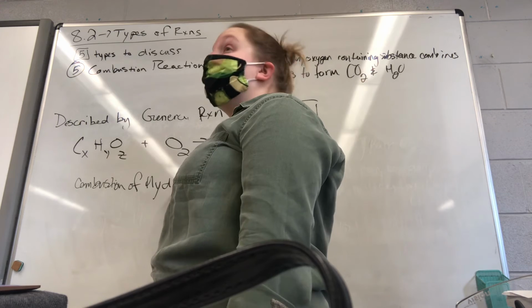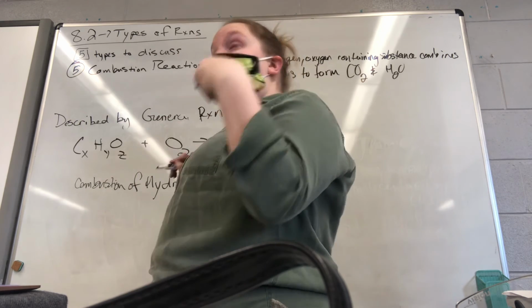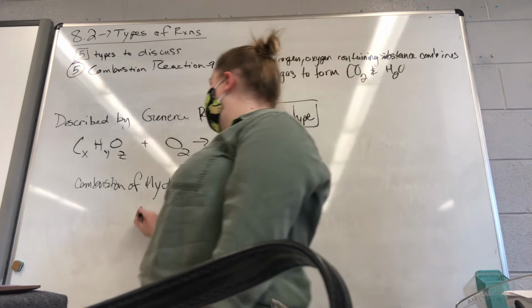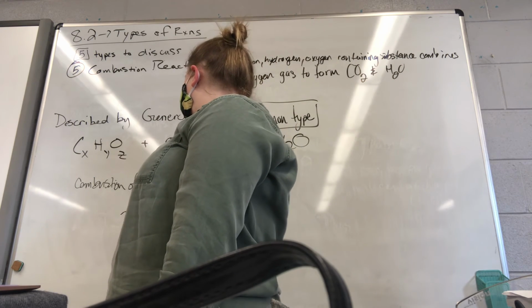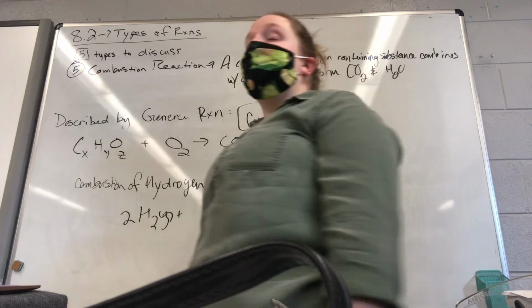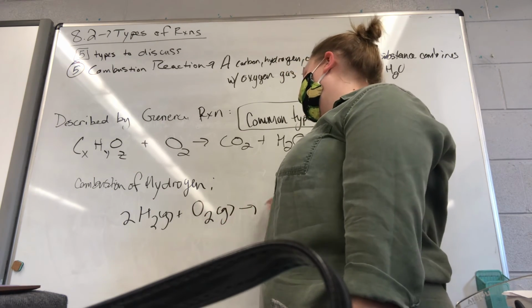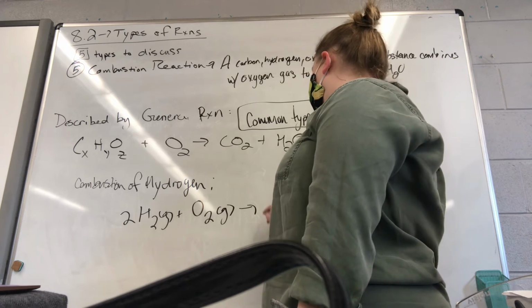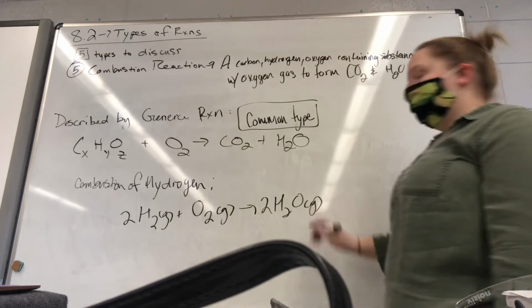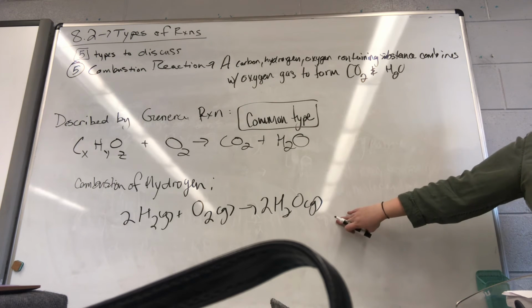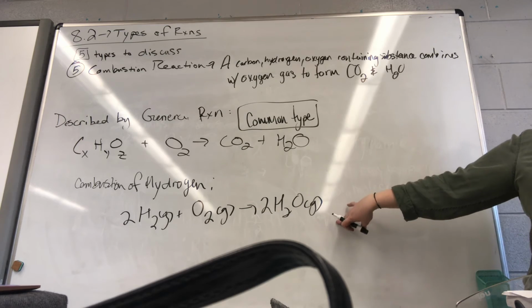This is our exception to this general form. The combustion of hydrogen takes hydrogen, adds it to oxygen gas, and forms water. So this is a special form of combustion. It's the opposite of electrolysis, or the decomposition of water.